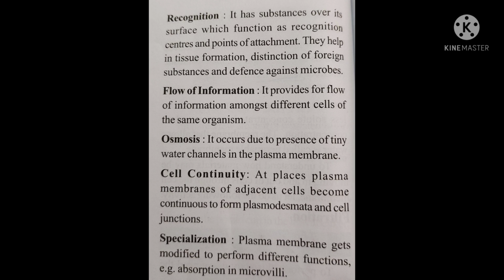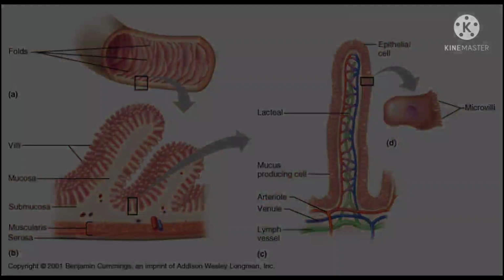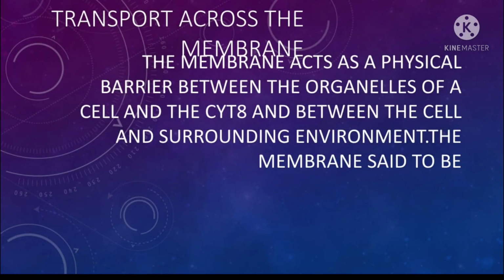Osmosis: it occurs due to the presence of tiny water channels in the plasma membrane. Cell continuity: at places, the plasma membrane of adjacent cells becomes continuous to form plasmodesmata and cell junctions. Specialization: the plasma membrane gets modified to perform different functions. Example, absorption in microvilli.